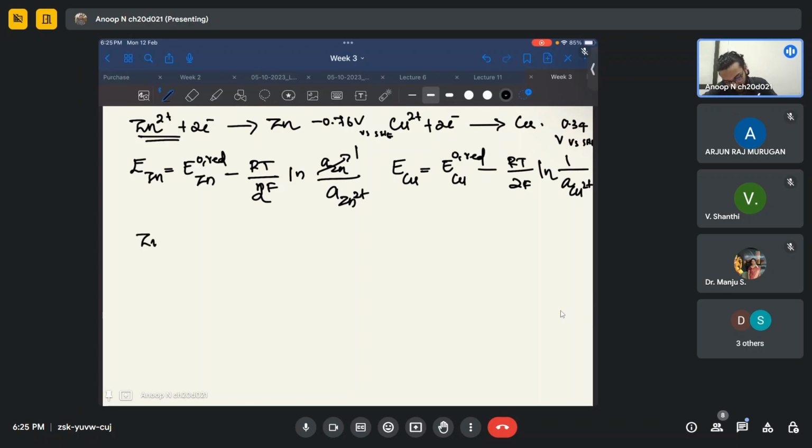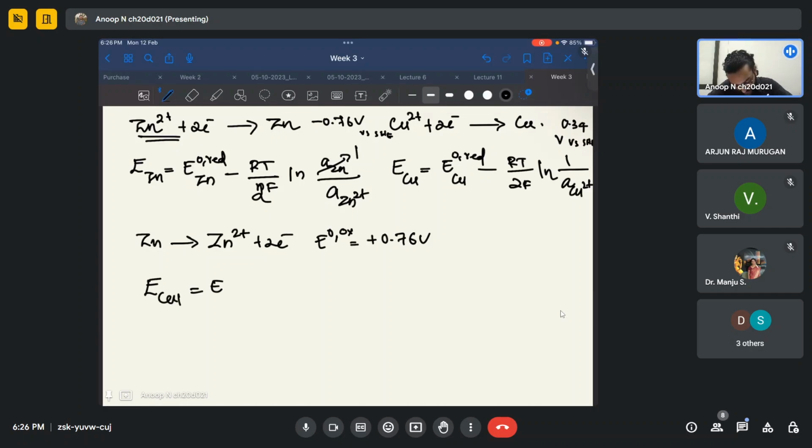Suppose Zn gives Zn2+ plus 2 electrons. In this case, E0 value for oxidation will be equal to plus 0.76 volt. Similarly for copper also the sign will invert if the potential is written in the opposite way. So what is E cell?